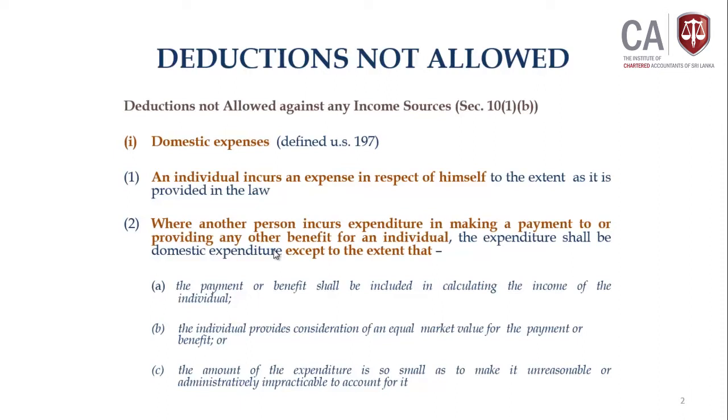So, even when a company incurs expenses, the employee has not been taxed, because it is not practical to tax. As a result, what the law says here is that it is not a domestic expenditure. So, it is very simple. Every expense incurred by the company for the benefit of an individual could be a domestic expenditure unless it comes under one of these categories A, B or C. Okay.